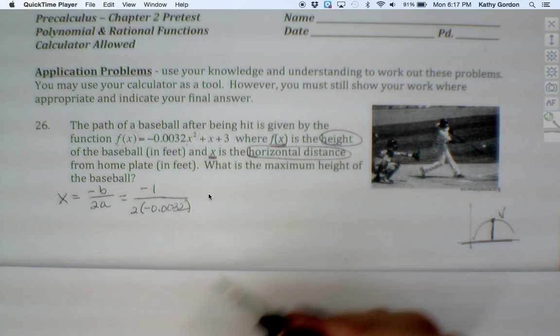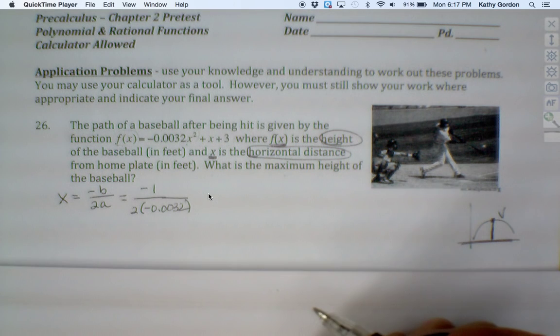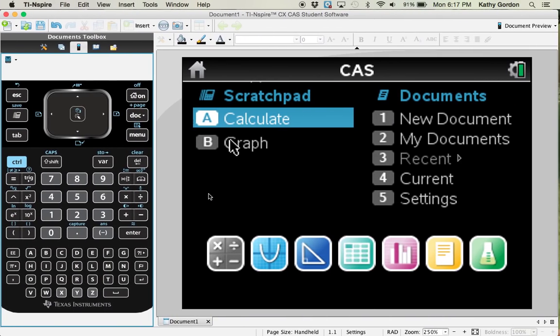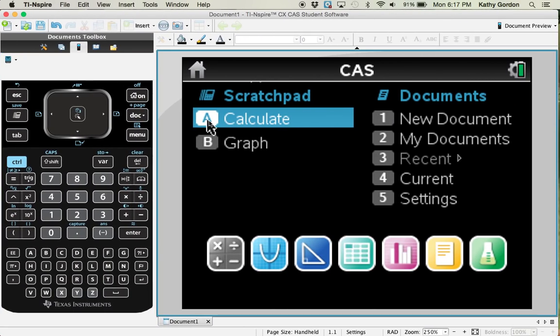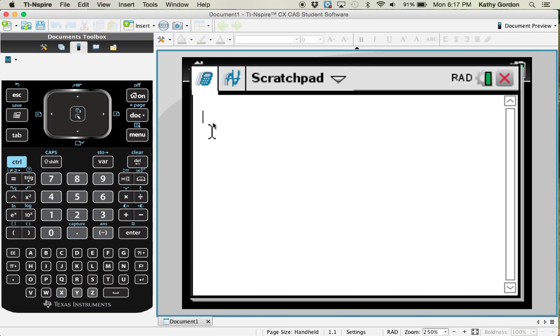And here's where our calculator is going to come in handy. If I go over here and just do a quick calculation, I don't need a new document for this. I want to take negative 1, and yes, I want that to be negative 1, divide that by, and I'm going to put this in parentheses to make sure it's all part of the denominator, 2 times a negative 0.0032.